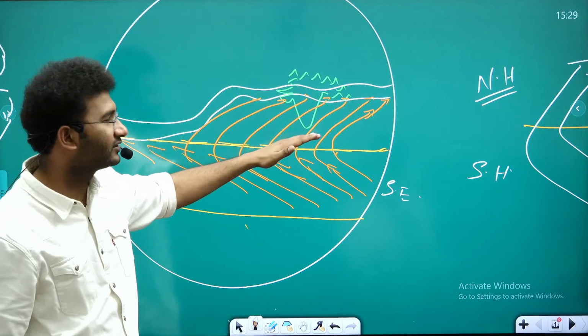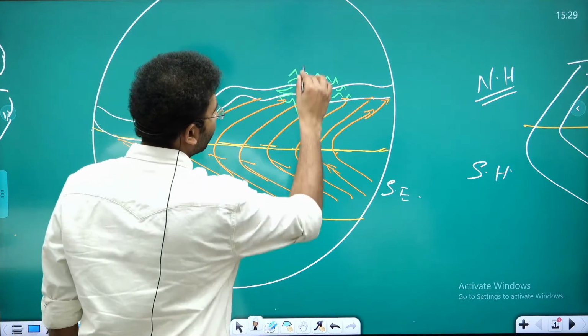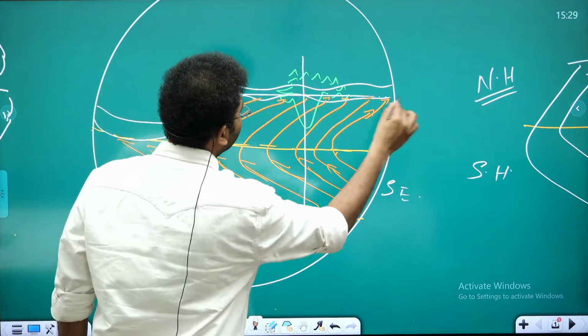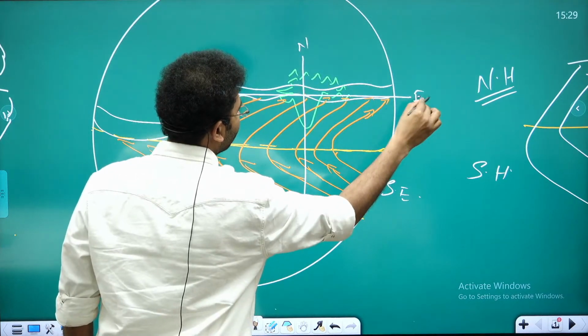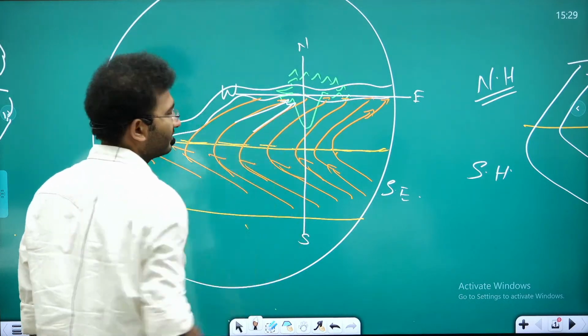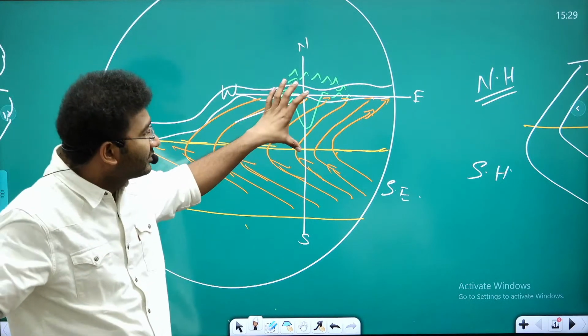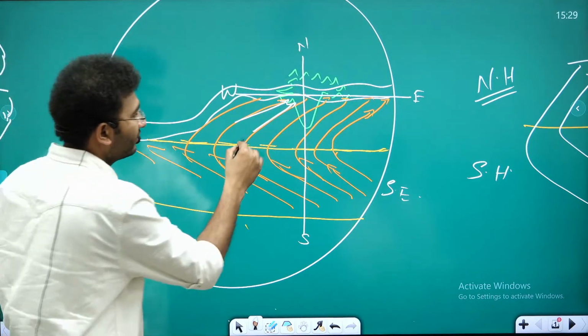In this process, the southeast trade winds, now you see, what is the direction of the wind? North, south, east, west? What is the direction of these winds with respect to India? I'm talking about the direction of these winds.